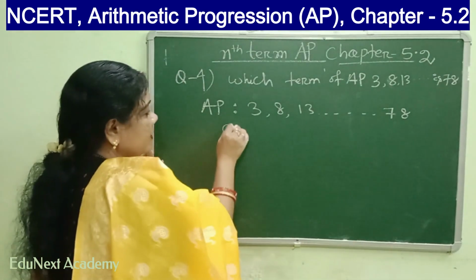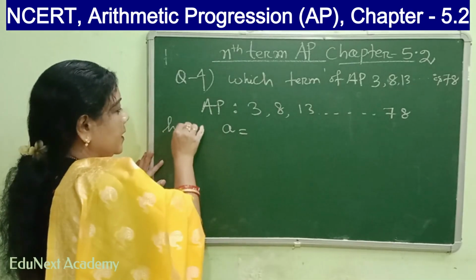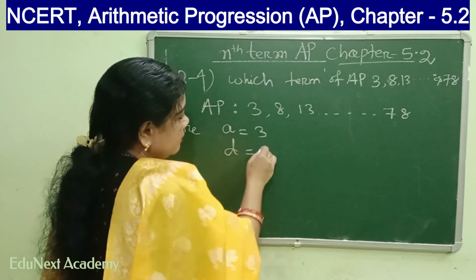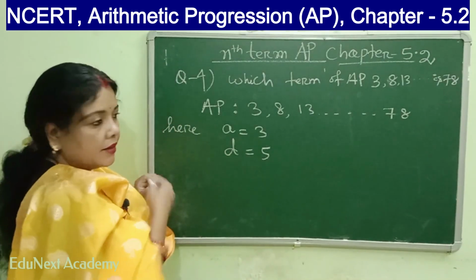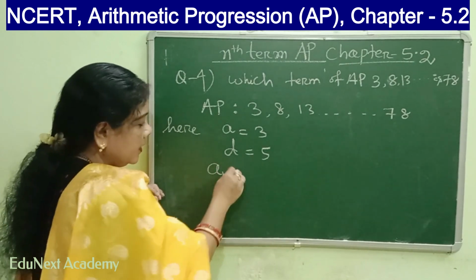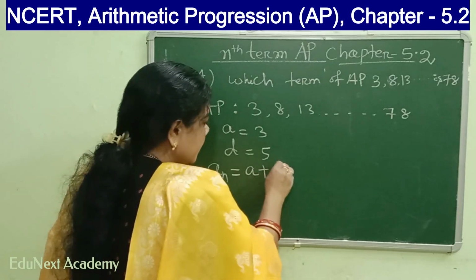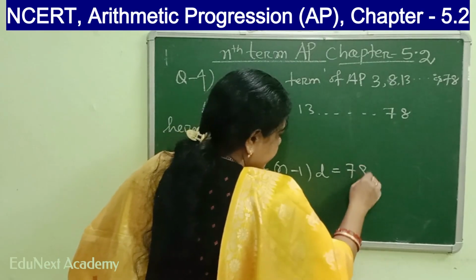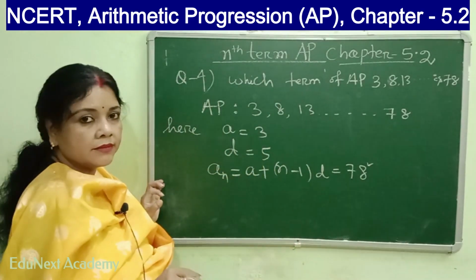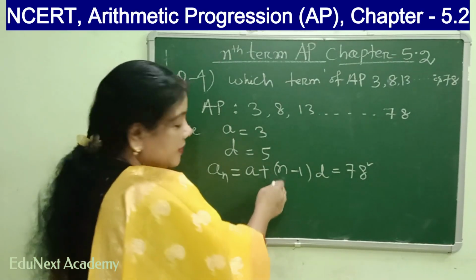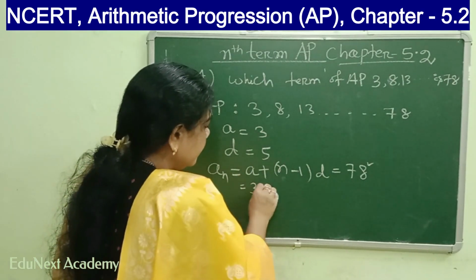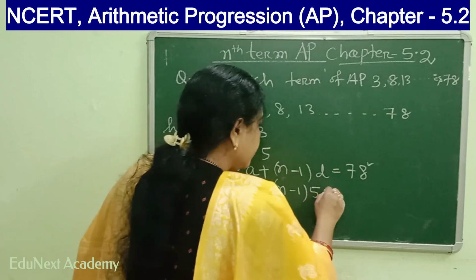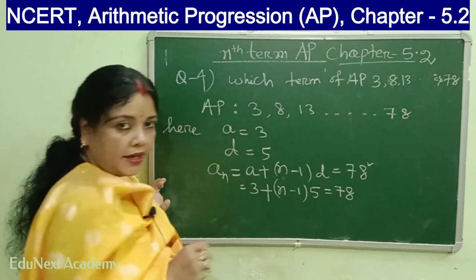So here a is 3 and the difference is 5. We know an is equal to a plus (n minus 1) into d, which is equal to 78, given. We have to find out this n. So here a is 3 plus (n minus 1) into d, where d is 5, is equal to 78.